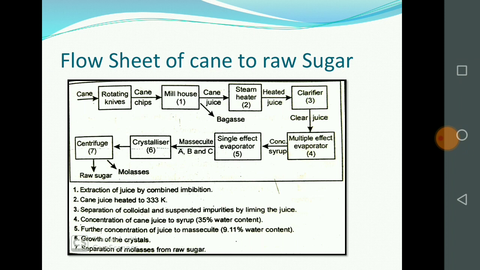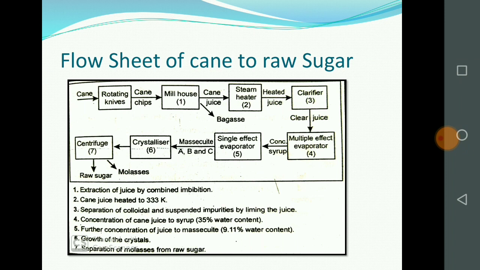We can see here the process of production of raw sugar. Here is the flow sheet of cane to raw sugar, which consists of extraction of juice by combined imbibition.